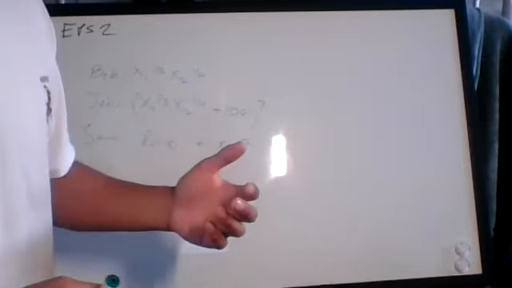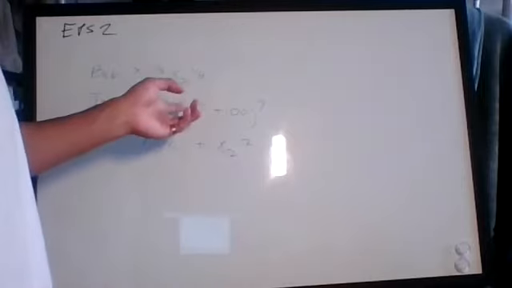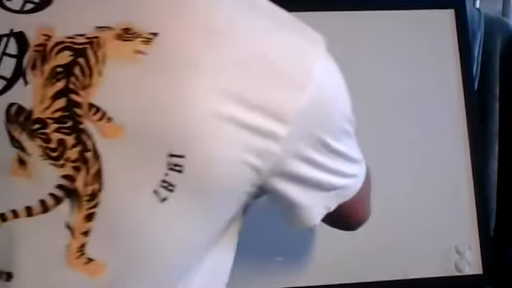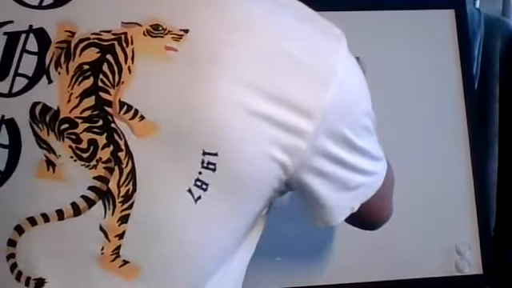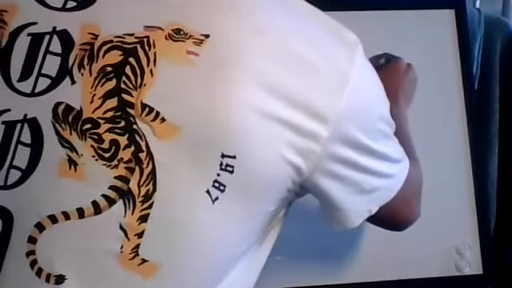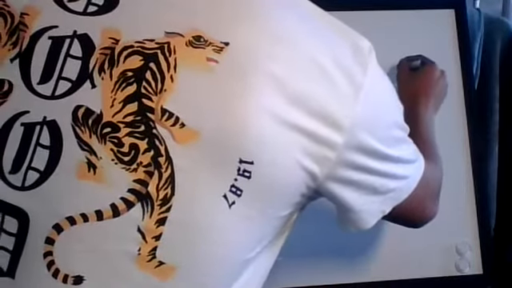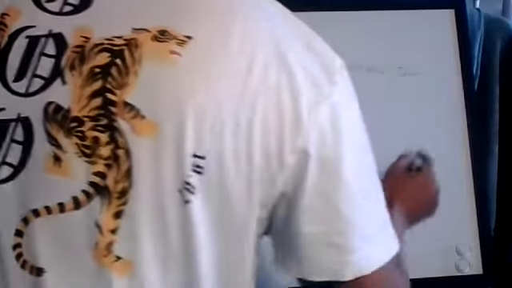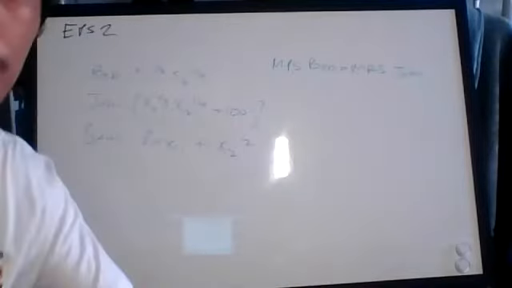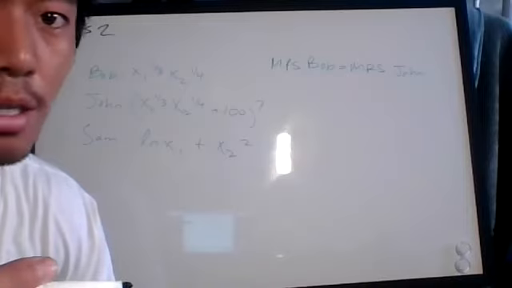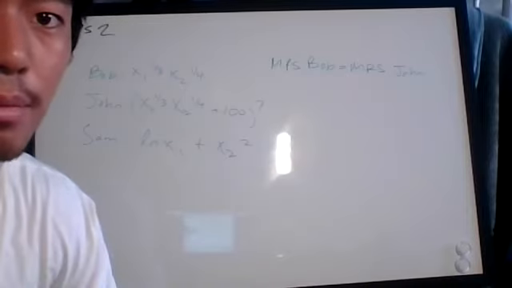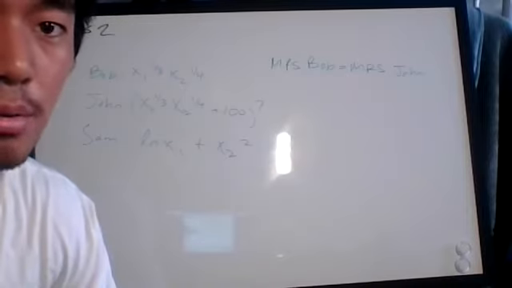It's a little bit tricky to think about, but essentially, if we were to find the MRS of Bob and John, the MRS of Bob is equal to the MRS of John, right? Which means that if they're facing the same exact prices, which we assume they are, they're going to have the same exact point, right?